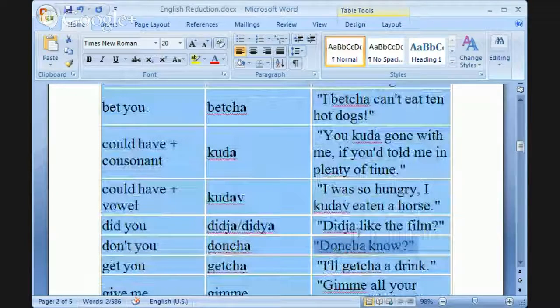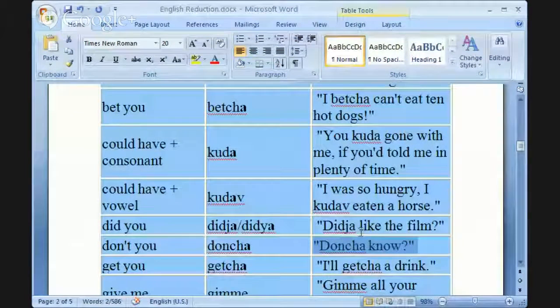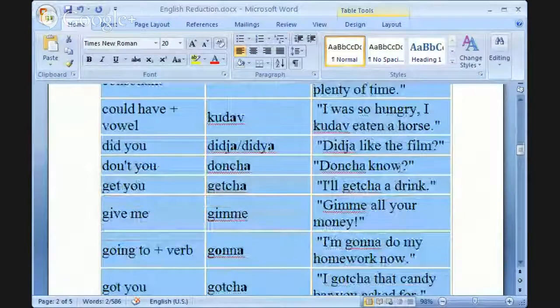Where did I see it earlier? Eat 10. I bet you can't eat 10 hot dogs. All right, we only say the T once. Okay.